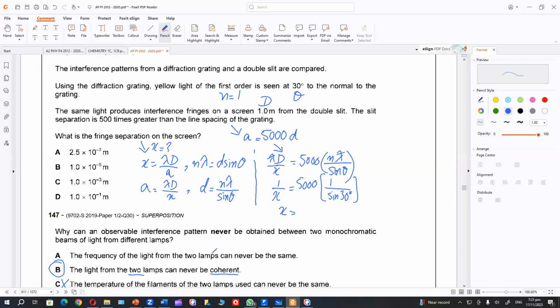Oh, sorry, it is not 5000, it is 500. Ariba is saying C. Okay, Ariba, how did you get C if we solve this and n is 1?